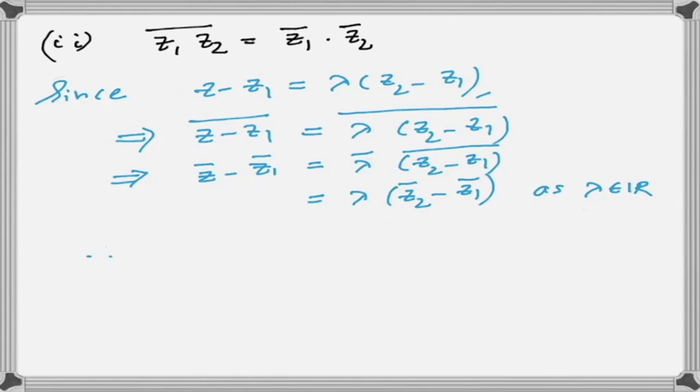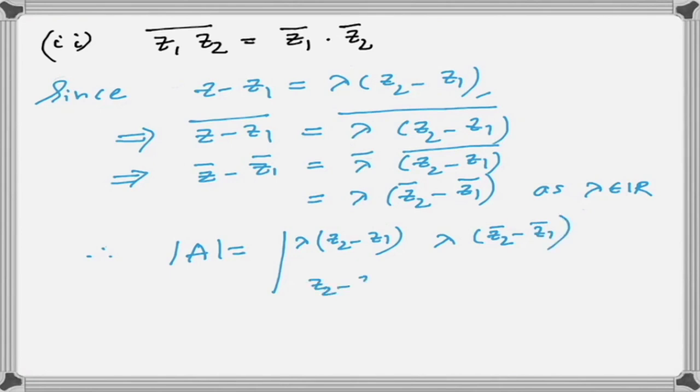Therefore, the determinant of the matrix A has first row lambda times (z2 minus z1) and lambda times (z2 bar minus z1 bar), and second row z2 minus z1 and z2 bar minus z1 bar, which is clearly equal to 0.